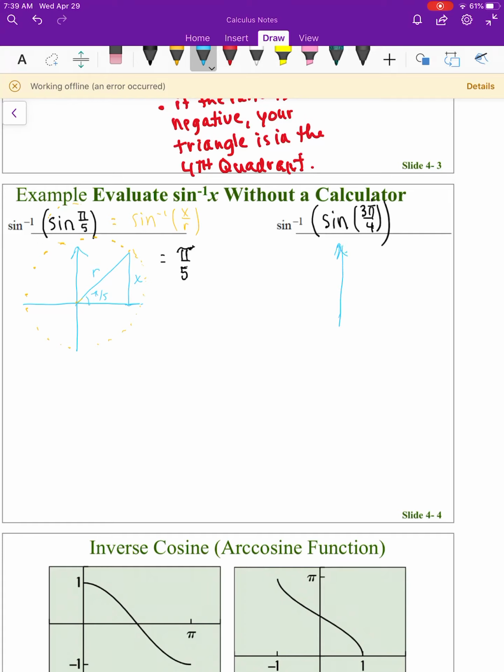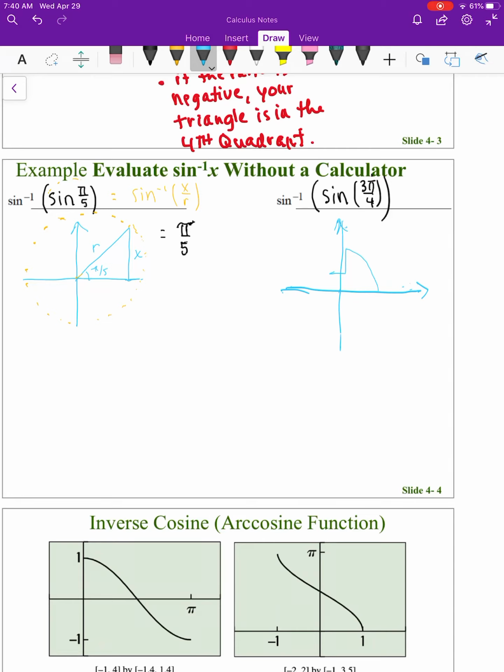So this time, we're going to draw our xy axis. And we have to go to 3 pi over 4.